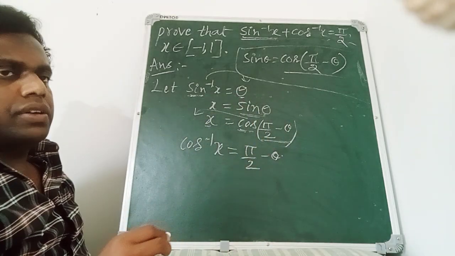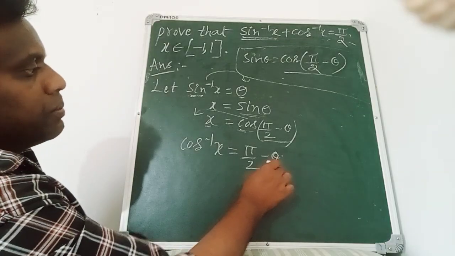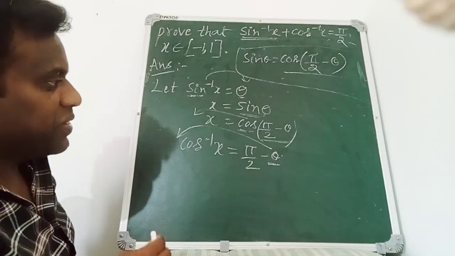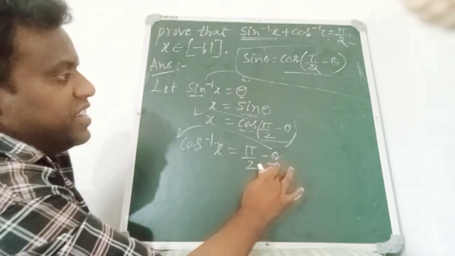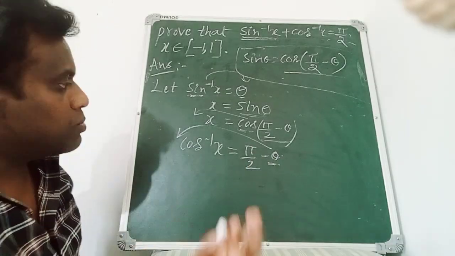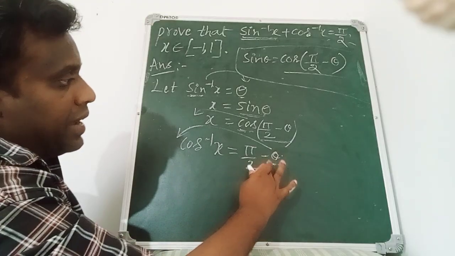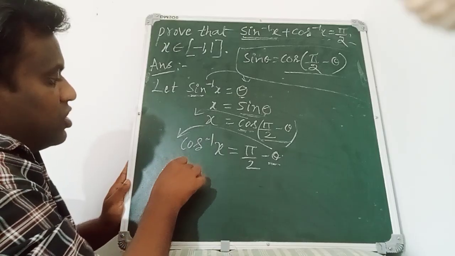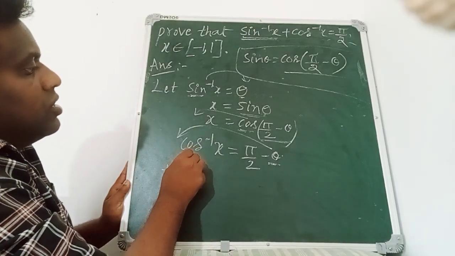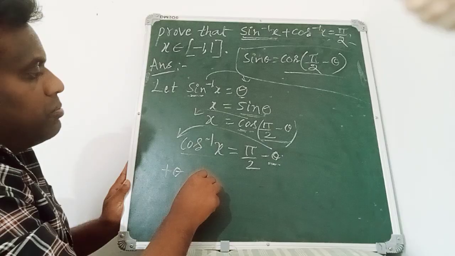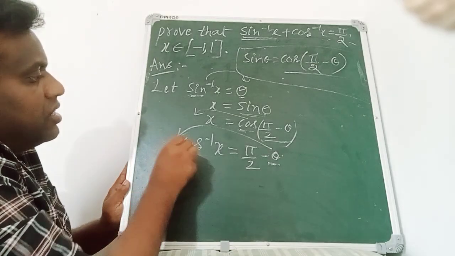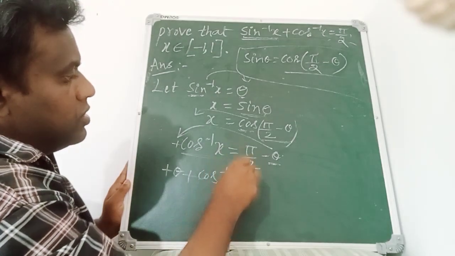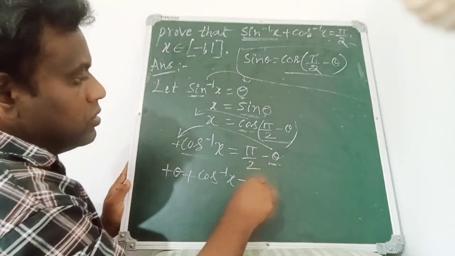Okay. Next what I will do, here minus theta is there, right? This I will move to this side again. When this minus theta is moved to this side, it will become plus theta. I will write here plus theta. Next, cos inverse x we have to write. Before that, here nothing is there means plus is there. So plus cos inverse x. So this equal sign, this pi by 2.